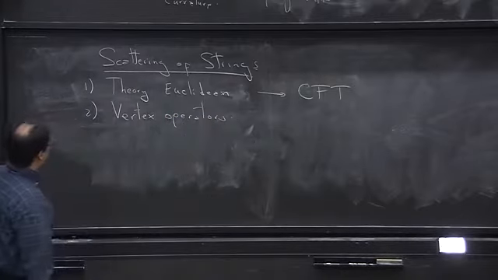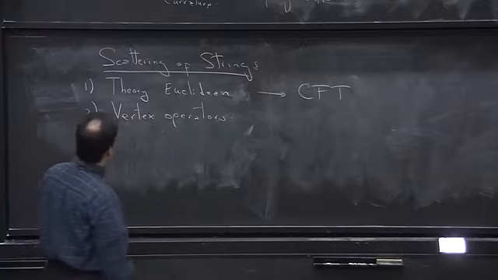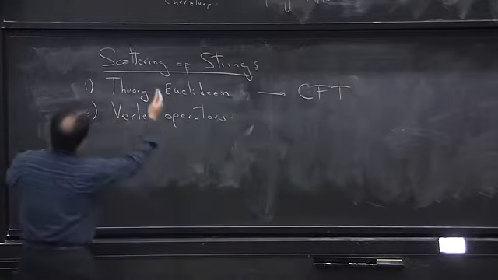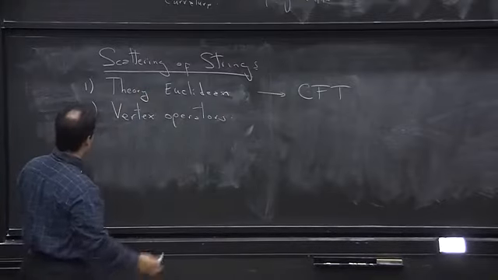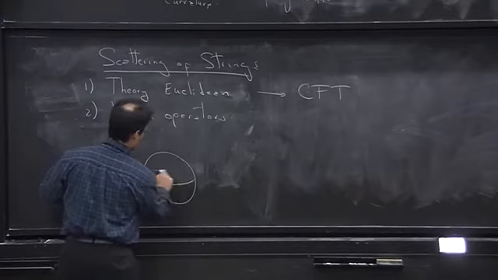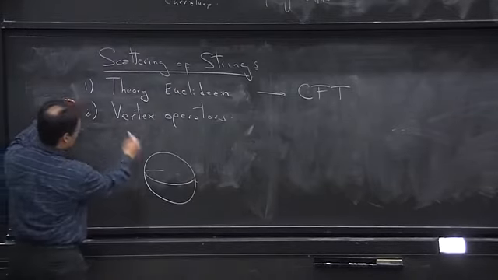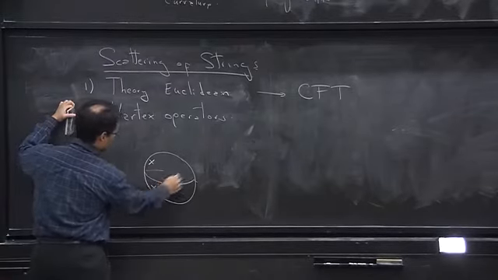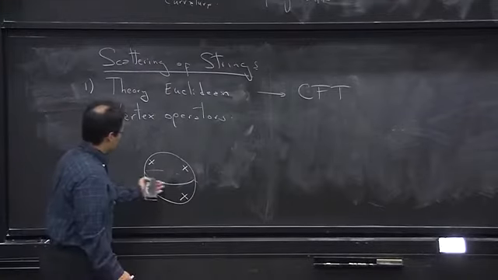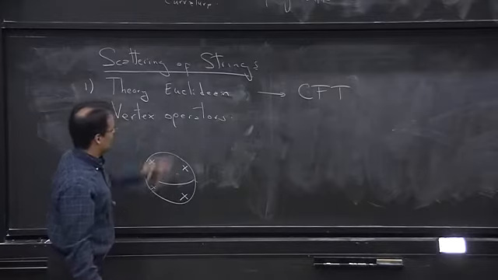Okay. And then, well, if we make our theory Euclidean, the simplest world sheet that we can have is actually a sphere where the vertex operators will be inserted somewhere on the sphere. Okay? And you know that this looks like this because we have a conformal field theory.